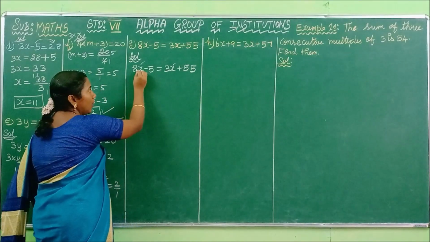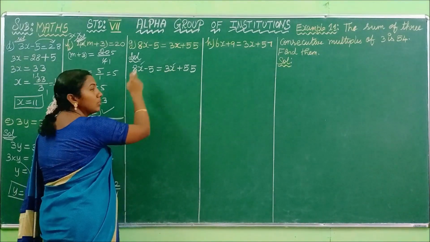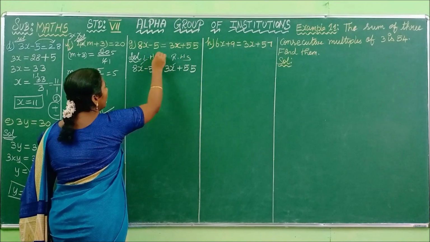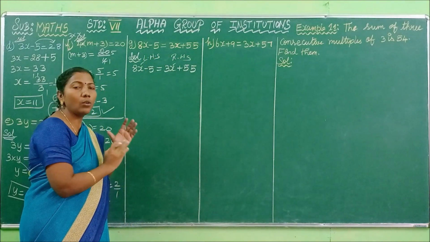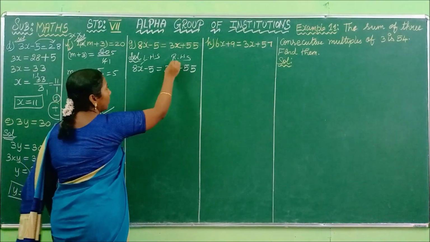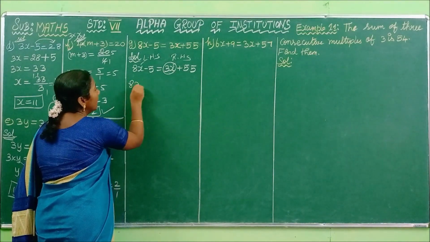See here, here we have 8x, here we have 3x. Now we are bringing this 3x to this side. This is RHS and this is LHS. Now we are going to collect the variables along LHS and numbers along RHS. First step, I am going to bring this 3x to this side. How am I bringing it? Listen carefully.